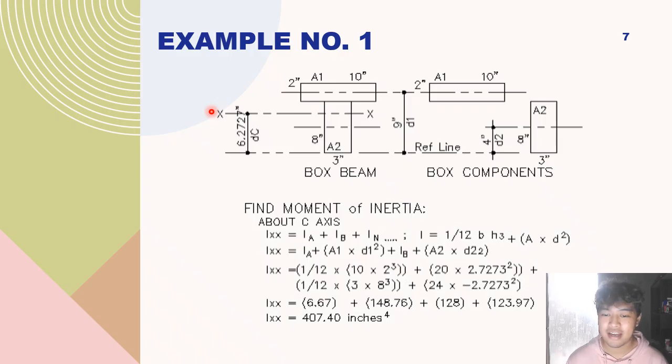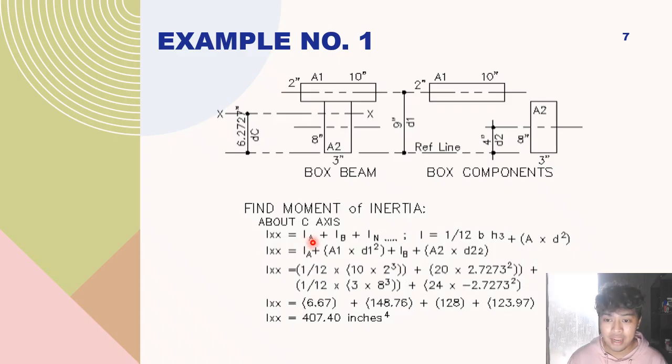So I will just correct the question there, so that we don't get confused. But yeah, what we did here is to directly use the transfer formula. Basically, as I told you earlier, to compute for the total moment of inertia about an axis, if you have two shapes, you have to add those two shapes.